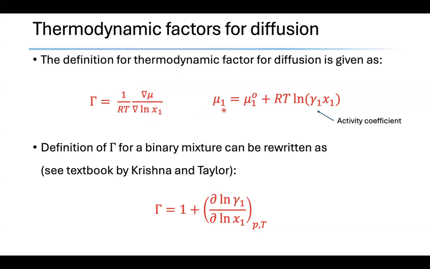Now, the chemical potential of component 1 is given by this expression here, which is the chemical potential at a standard state, mu10, plus RT, the universal gas constant times the absolute temperature, times the natural logarithm of the activity coefficient times x1.